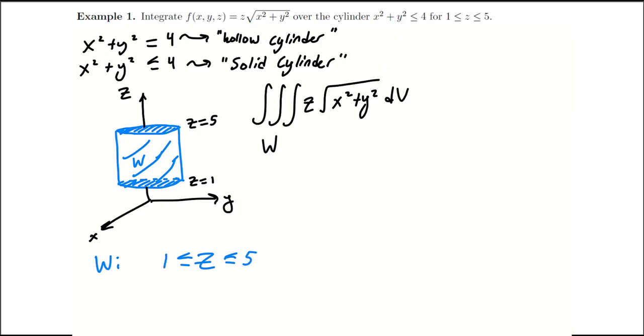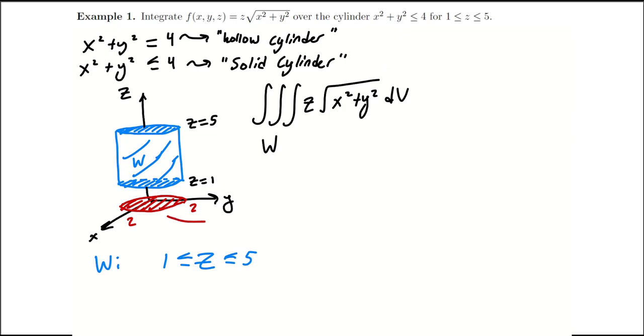Now, if we think about taking this entire cylinder and projecting it down into the xy plane, we end up getting a circle of radius 2. We get a shadow that looks like that.